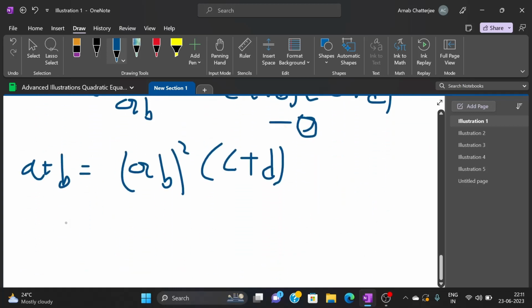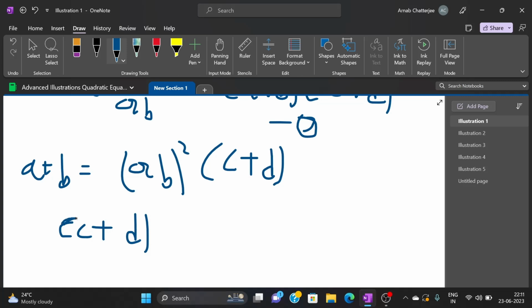So we put it there. So we have (C plus D) into (AB) whole square plus (C plus D) equal to minus 1.